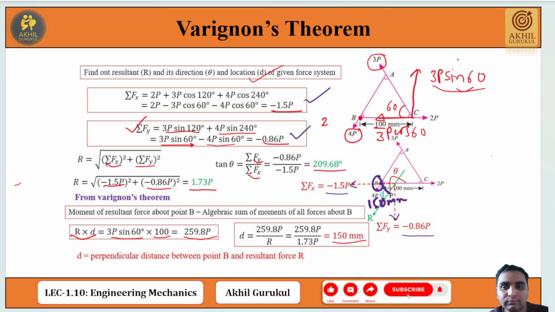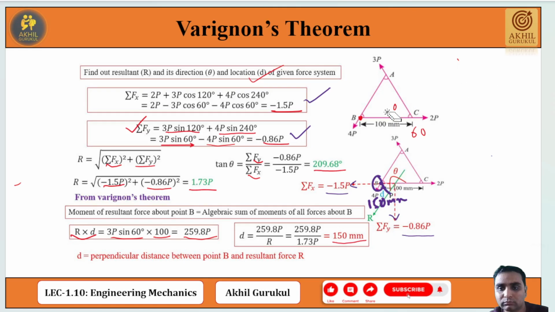Second method, you can see also the second method. In the second method, what will we do? We can resolve the force. It is at an angle of 60, so we can resolve this force from its tail. This value is 3p sin 60.